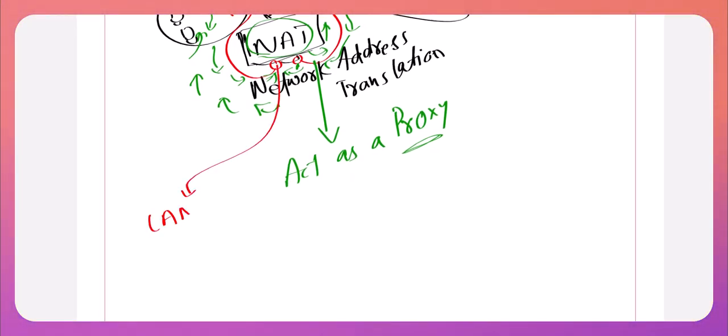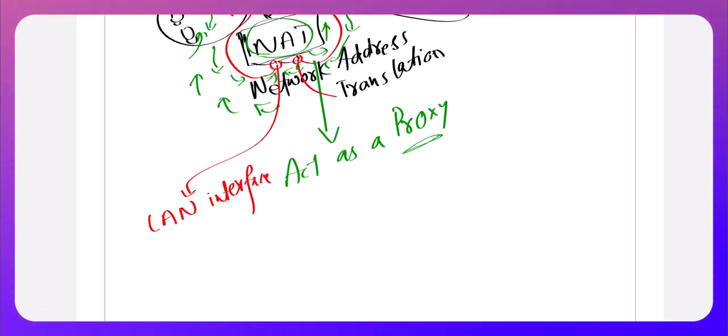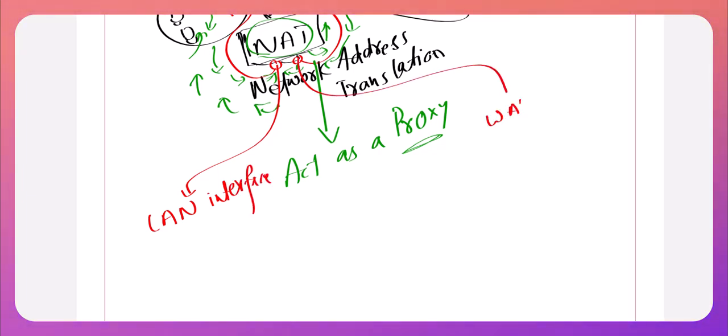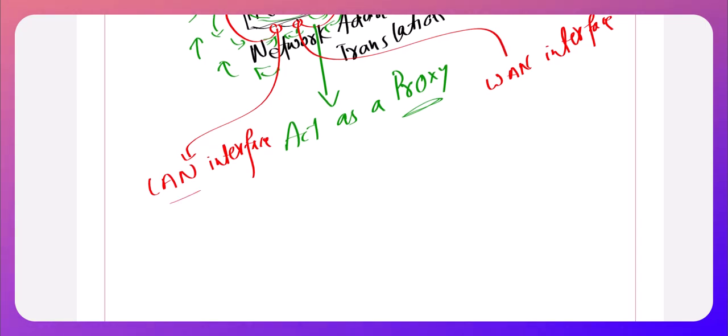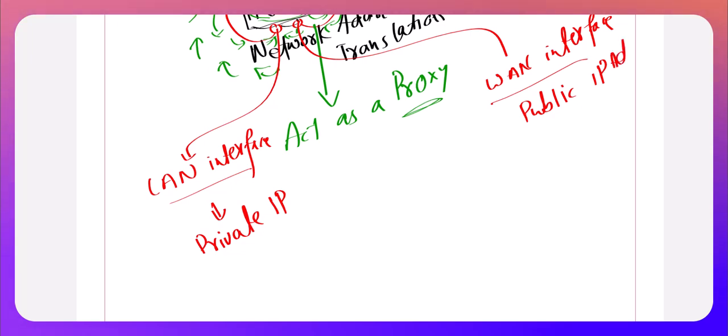So the LAN interface will have a private IP address, and the WAN interface will have a public IP address.